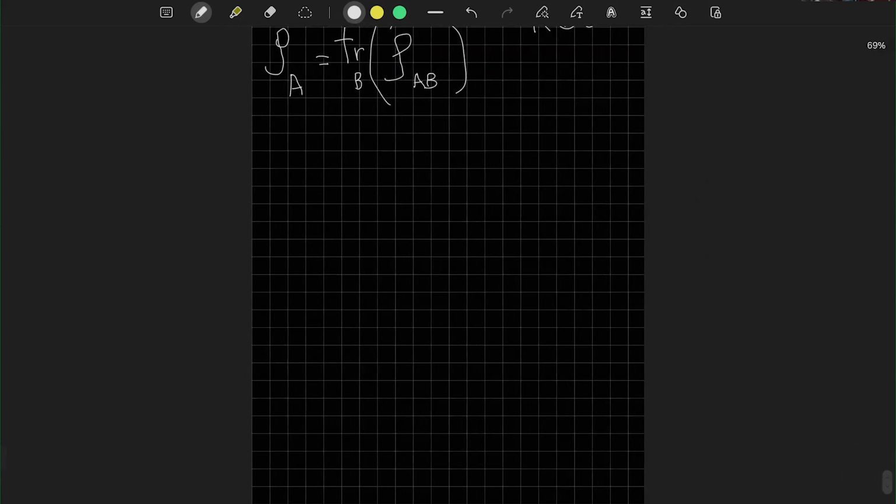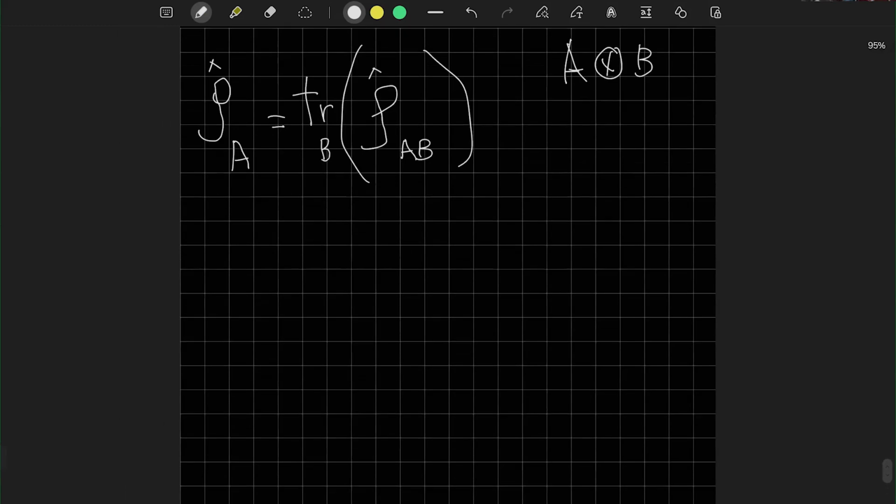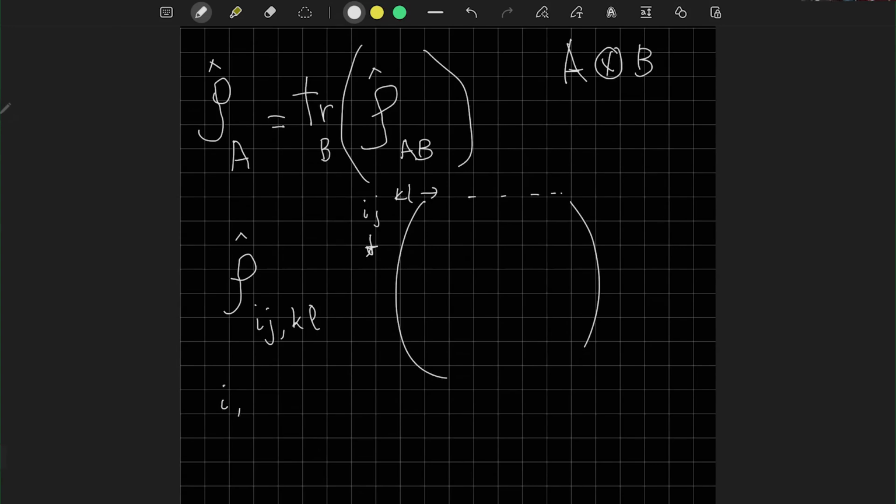Okay, so this process can be defined. I can write down the mathematical definition of this reduced density operator. Remember, whenever I write a density operator, it has terms in it. Say for two qubits, I, J, K, L. So I, J represents the row, K, L represents the column. Each one of them could be 0, 1.